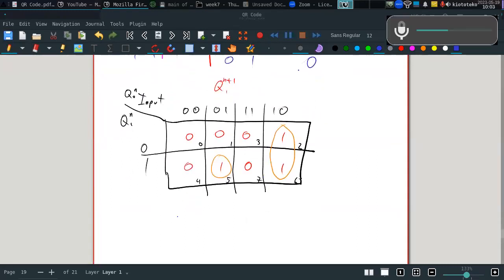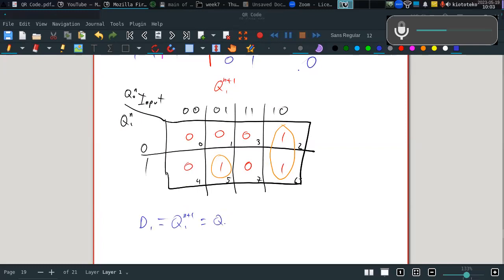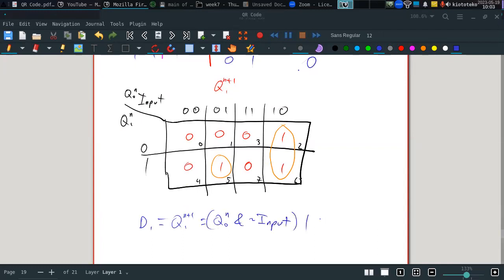So we have here that Q1 n plus 1 is equal to Q0 and not input, or Q1 n and not Q0 n and input.